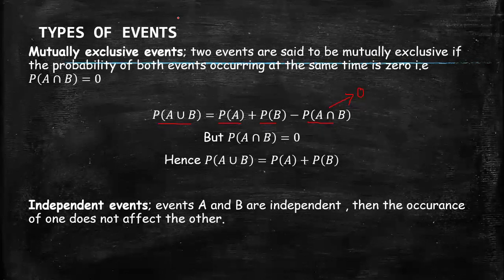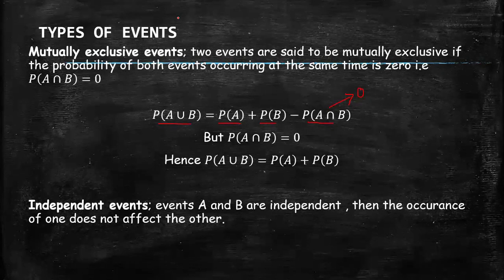Yes. Winning and losing. If you are in a game, you either win or you lose, but then you cannot win and lose. So those are examples of mutually exclusive events that they cannot occur. We do not have a possibility of them occurring at the same time.